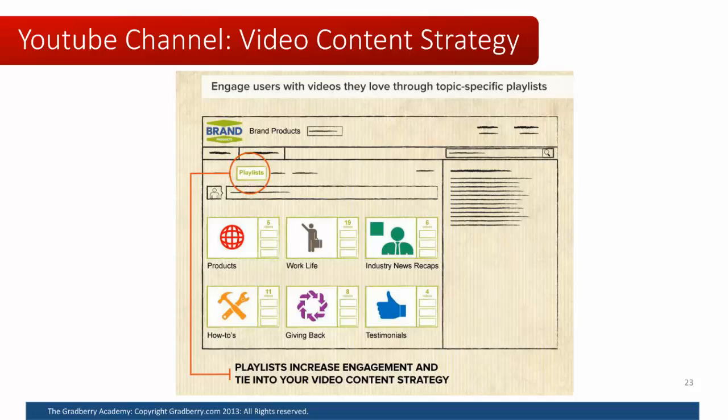So maybe you can have a playlist on products, work life, industry news, recaps, how-tos, giving back, testimonials. This is just an example of a brand that's creating different playlists. But you can use topic-specific ones so that users interested in a specific topic click on that playlist and they can watch all the videos.